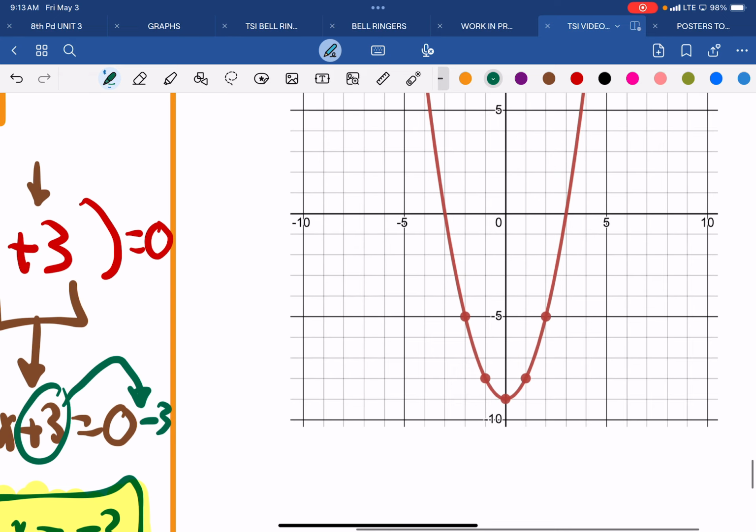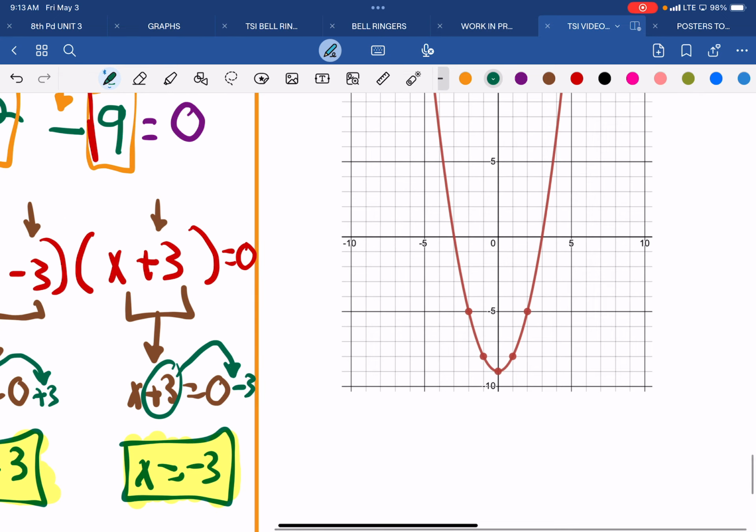These points here are very important, this point here and this point here. If you remember, those are our x-intercepts.